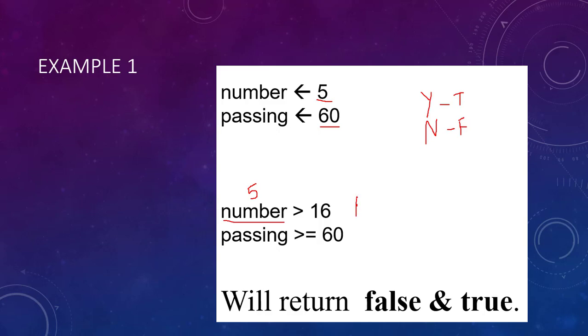Now, let's look at the second example: passing greater or equal to 60. There is an equal sign. We know that 60 is equal to 60. Therefore, the answer is yes, 60 is equal to 60, but not greater, obviously. But remember that the greater or equal sign will return a yes, since it is inclusive of 60.